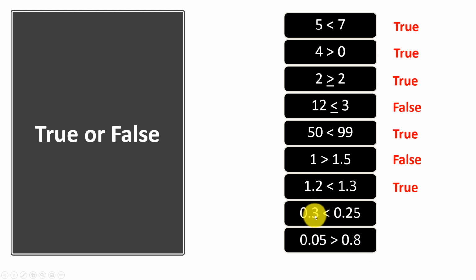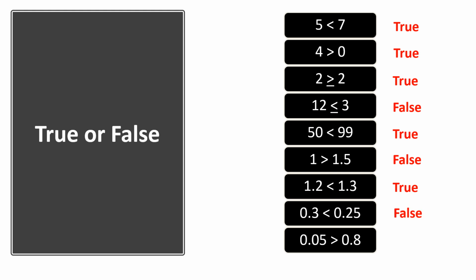This only has one decimal place. This has two decimal places, so we can always put a 0 to the right. So this is 0.30. This is 0.25. 0.30 is larger than 0.25. Pac-Man is eating the 0.25, so this is a false statement.